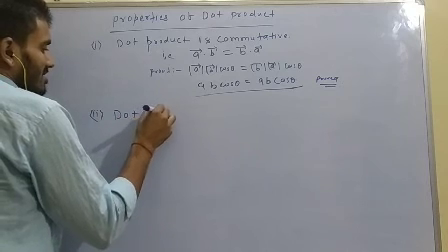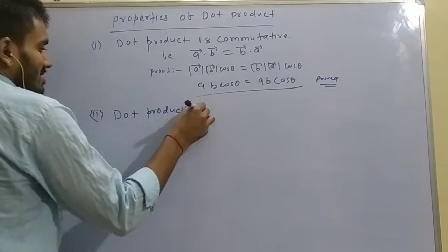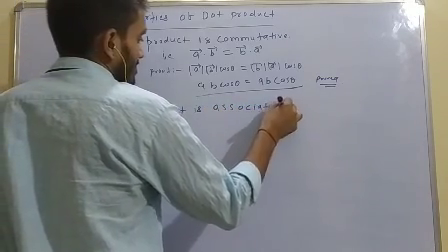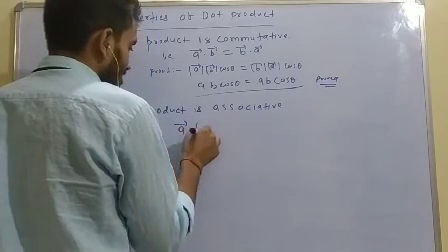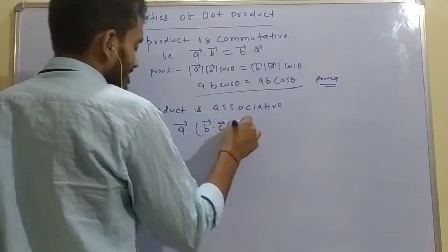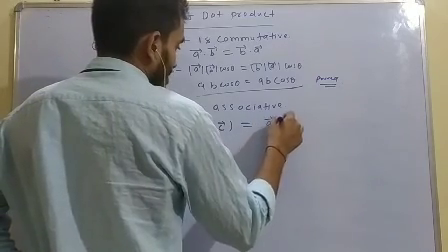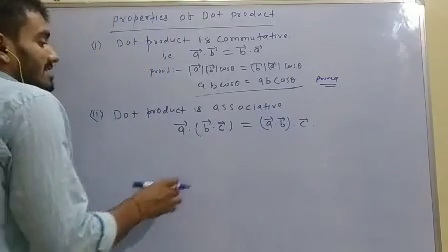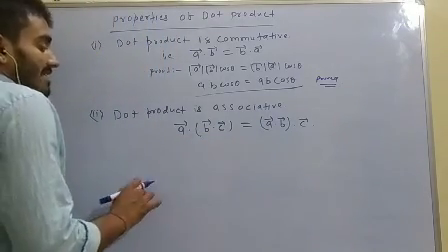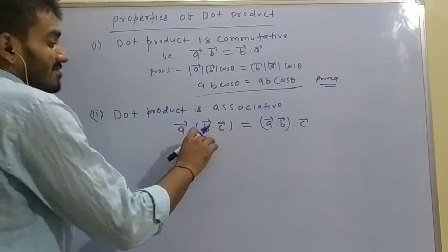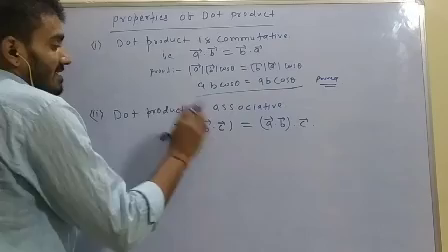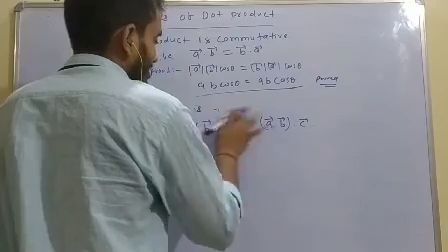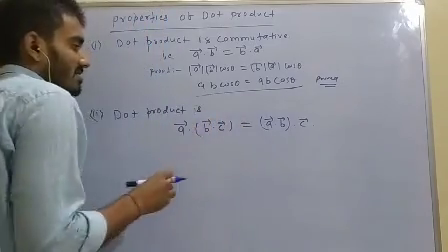Dot product is not associative. A dot B cross C is not equal to A dot B dot C. When we multiply three vectors, in this way first we find the dot of vector B and vector C. Dot product of three vectors is not defined.